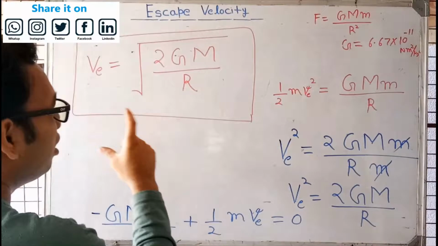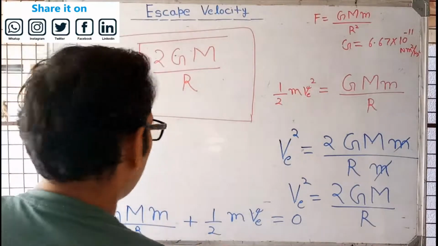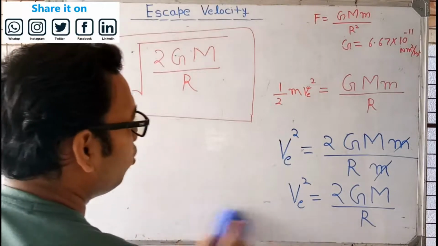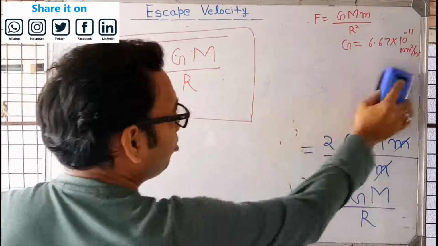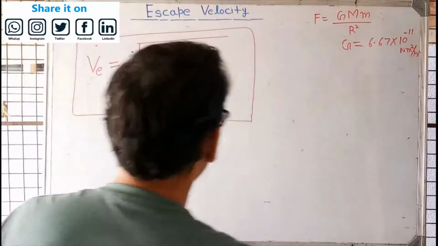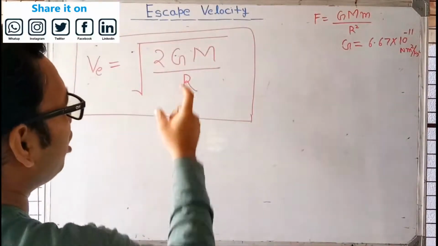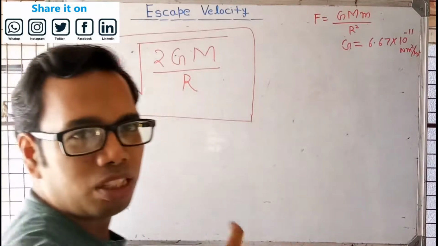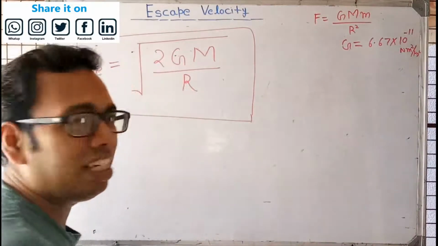Now we will conclude this. We will calculate this value. What value is coming for this? So we will solve this equation in terms of small g, the acceleration due to gravity.